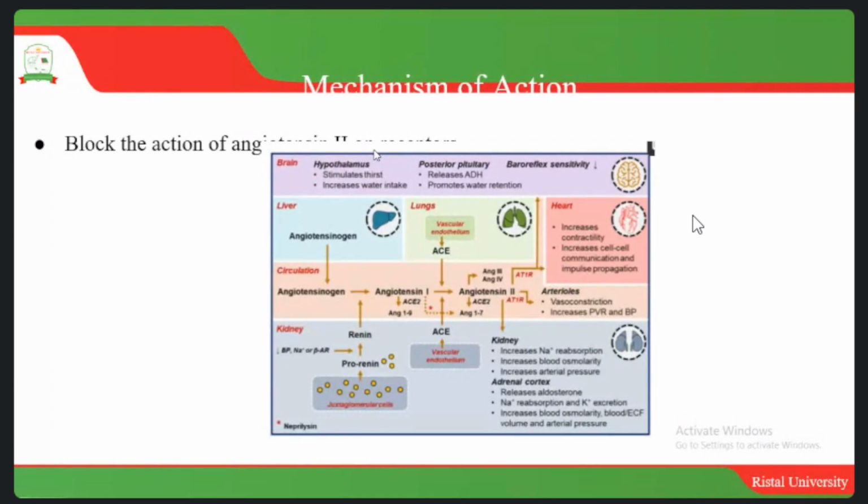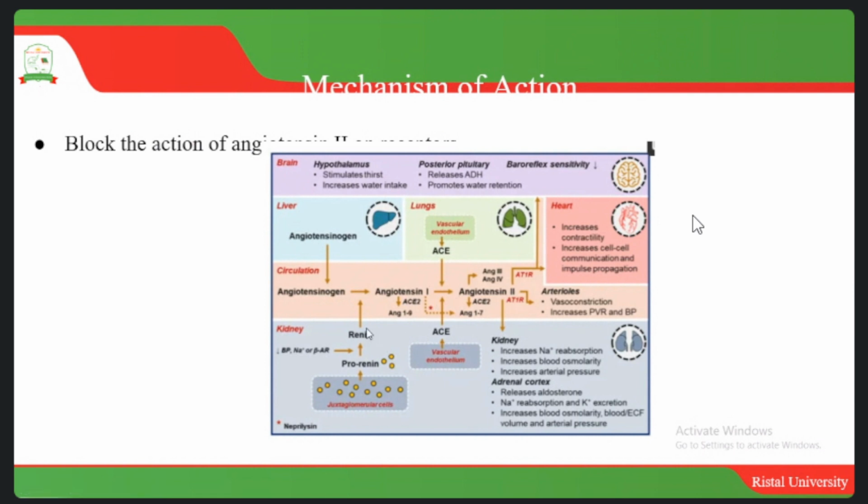So the mechanism of action of this, they block the action of angiotensin 2 enzyme. So when you look at this angiotensin 2, it's produced from the liver. Then from here, it goes into circulation. Then it goes and forms angiotensinogens, whereby it now causes angiotensin 1, where it affects the vascular endothelium.